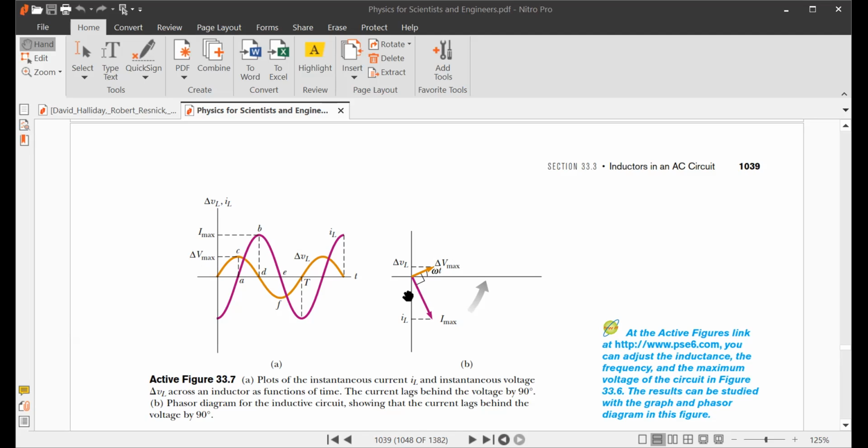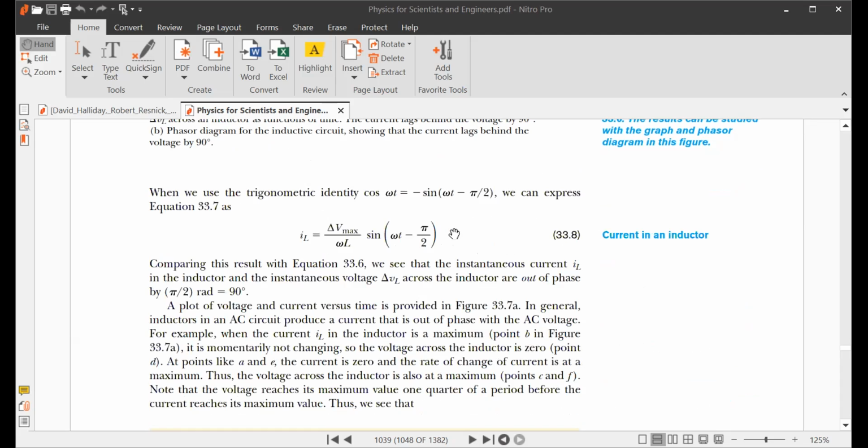It means that in the phasor diagram, the phasor of potential is perpendicular to the phasor of current. This picture. Any question about this?